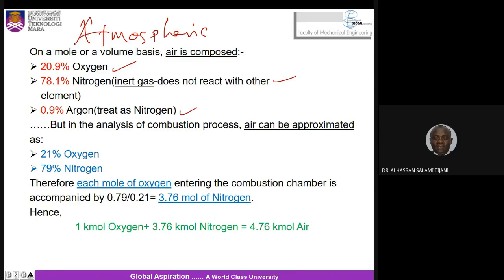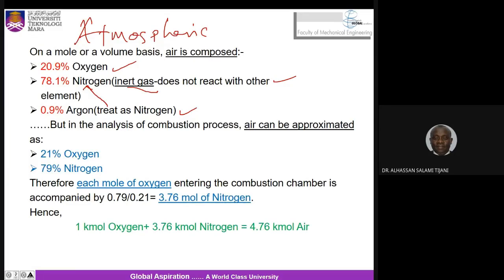It means these argon are inert gases, meaning they don't participate in any reaction, so we can add them to the nitrogen, since nitrogen is also an inert gas and does not react with other elements.